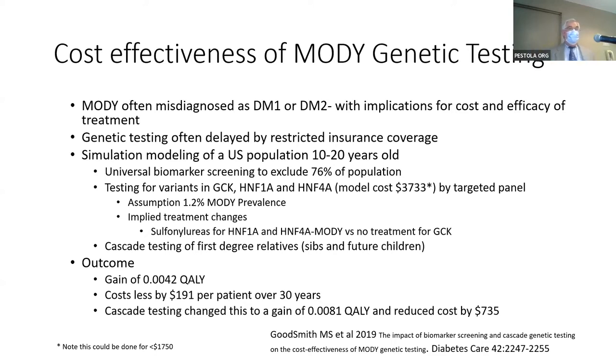If you get 0.1 quality-adjusted life year on a drug, the FDA will approve it. That's a significant change. What do they gain? $191. What would you gain if you actually went out, got the test cheaper, maybe $2,000 per patient over 30 years? Now you're talking almost real money for doing it the right way.